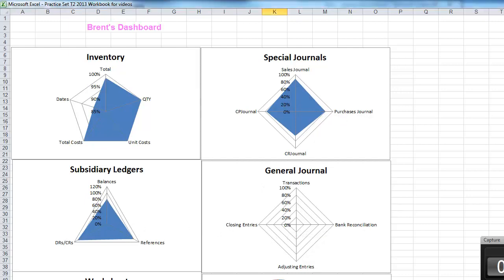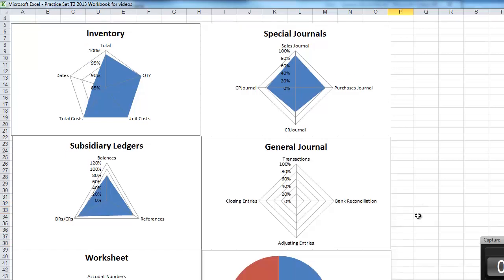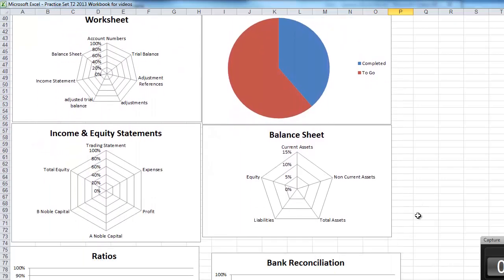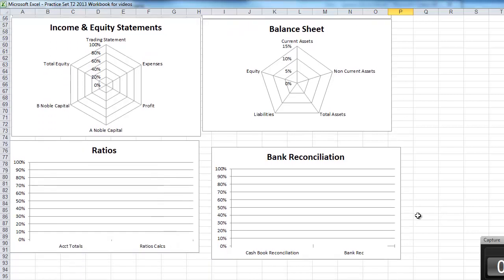General journals not showing up here, which probably means I have a problem because we have done some general journal transactions. We've done nothing yet on the worksheet or the equity statements, balance sheet ratios, bank reconciliation.